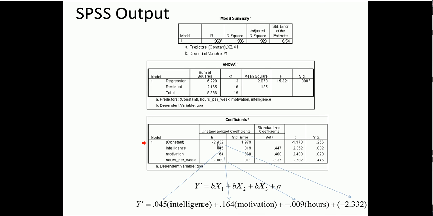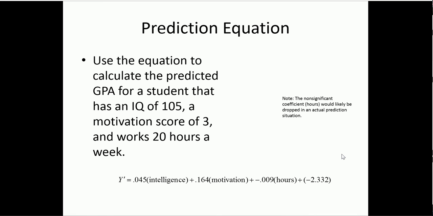What that really means is that the expected GPA is negative 2.332 if someone has 0 intelligence, 0 motivation, and 0 hours worked per week. So it makes sense that that would be a somewhat nonsensical value. We could use this equation to compute a score for any given person. Let's pretend this was a really good equation, even though ours is clearly not a good predictor.